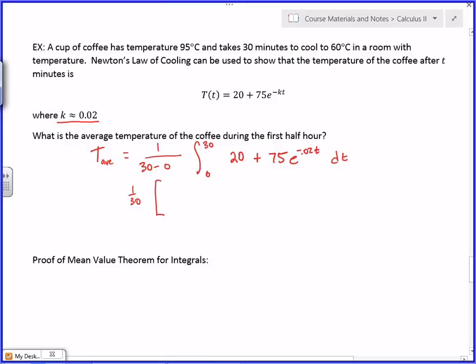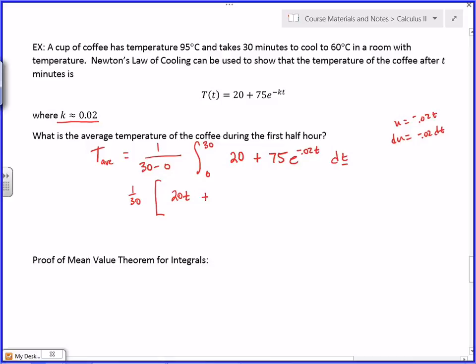Integral of 20 is, in our case, little t, 20t. You know how to integrate 75 e to the negative 0.02 t? You can do substitution. In fact, you can almost eyeball this and know exactly what's going to happen. If I did substitution, let u be negative 0.02 t, and du has to be negative 0.02 dt.